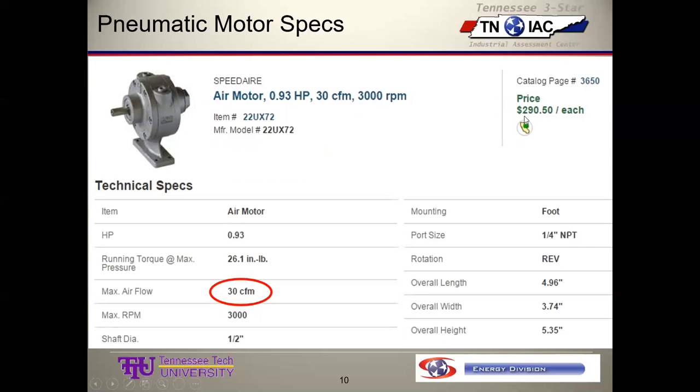A couple years ago, you could buy this for less than $300. I was looking for the max airflow when this thing is putting out its full rated load, and I'm sure this is 100 PSI air, which is a pretty standard number. But we need 30 CFM, cubic feet per minute, of air.